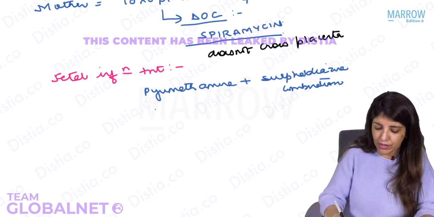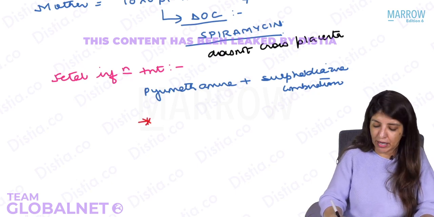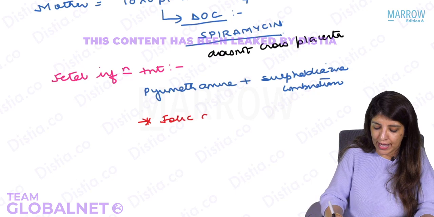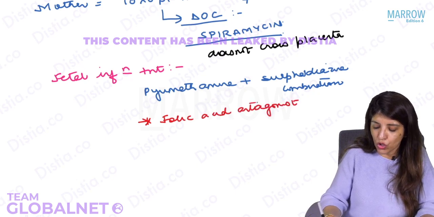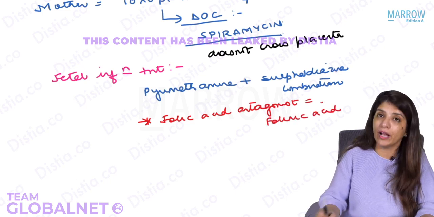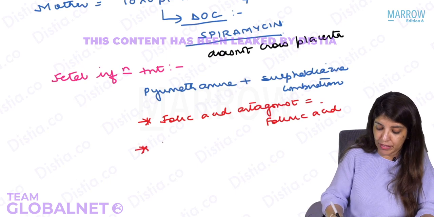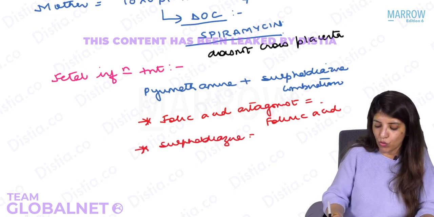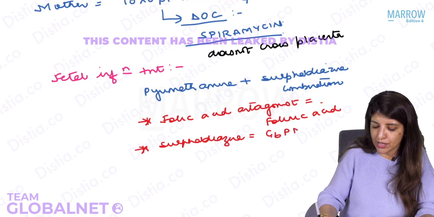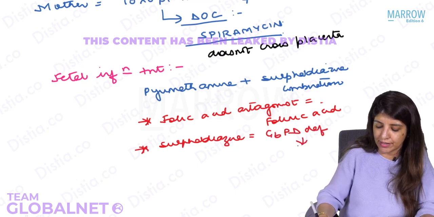When you are giving these drugs, you are going to keep in mind that they are folic acid antagonists. So you have to supplement folinic acid while you are using these drugs. And please remember, sulfadiazine, if you are using in patients with G6PD deficiency, it can lead to hemolysis.